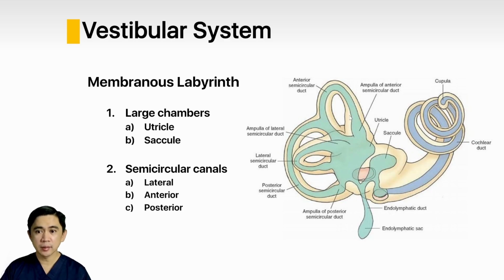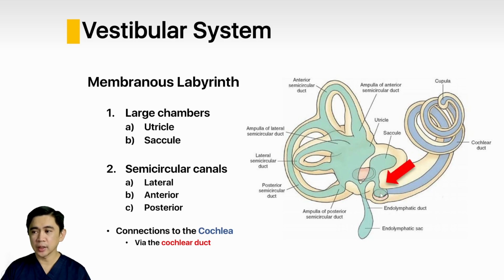The vestibular system membranous labyrinth is connected to the cochlear membranous labyrinth via the cochlear duct right over here. So it means that whatever happens to the endolymph here in the vestibular system will also affect the endolymph in the cochlear system.